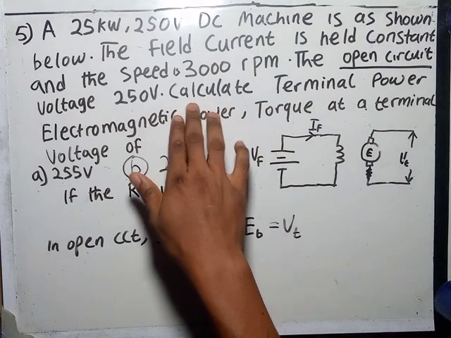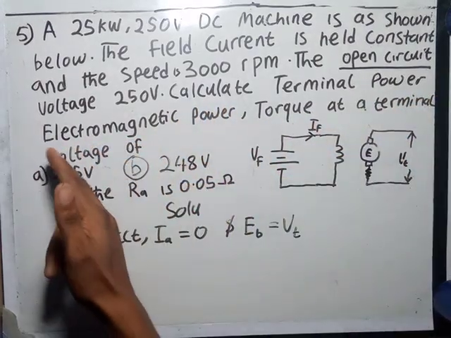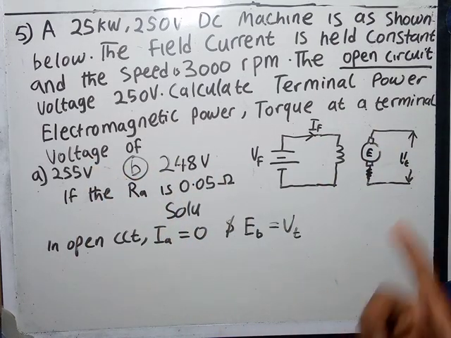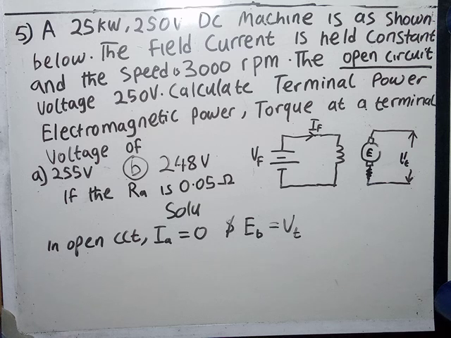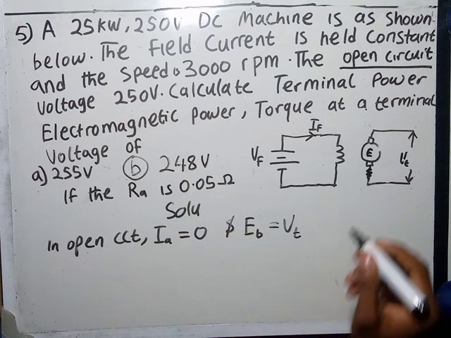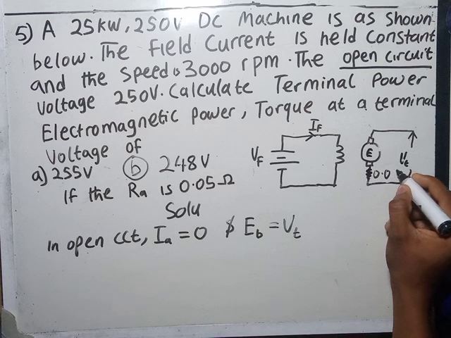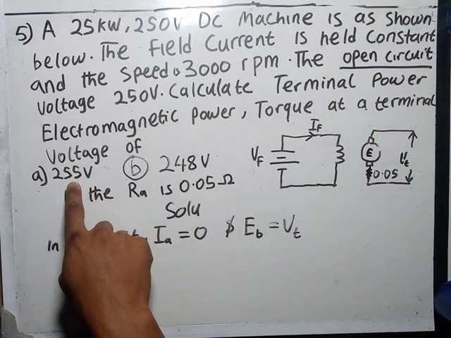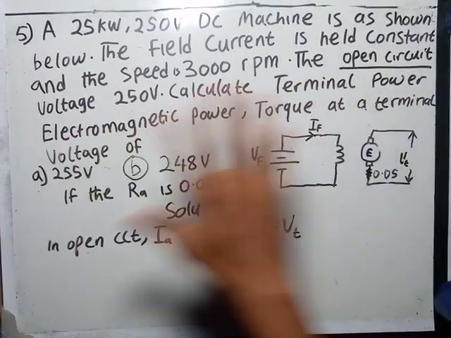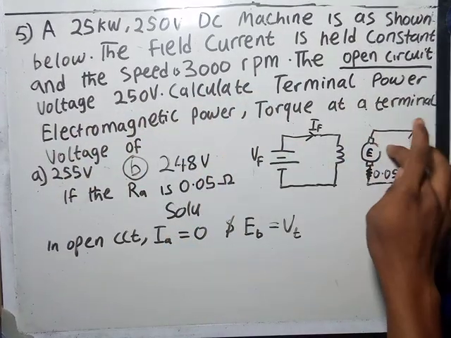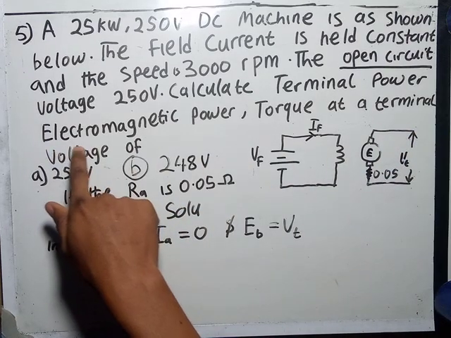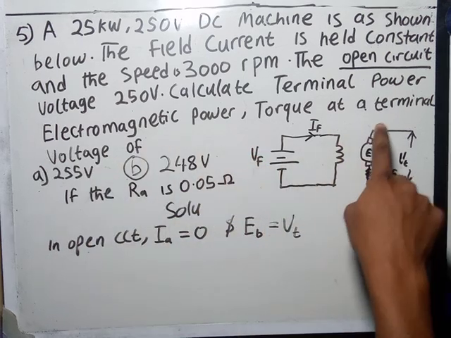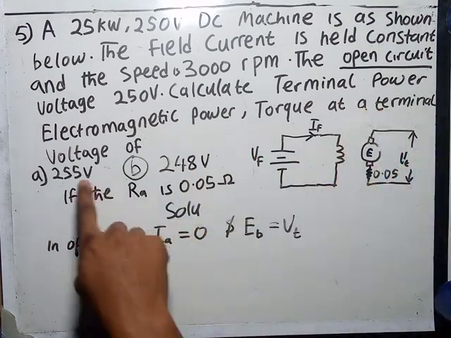So if we know this, the question is now demanding us to get the terminal power, the electromagnetic power, and torque at a terminal voltage of this. Now, our terminal voltage is now changing. Another parameter that they gave us here is the armature resistance. So let me just add it here, 0.05. So our terminal voltage now is changing. Previously, they gave it to us when there was no current flowing in this circuit, but now current is flowing, because they didn't use open circuit again, but terminal voltage.